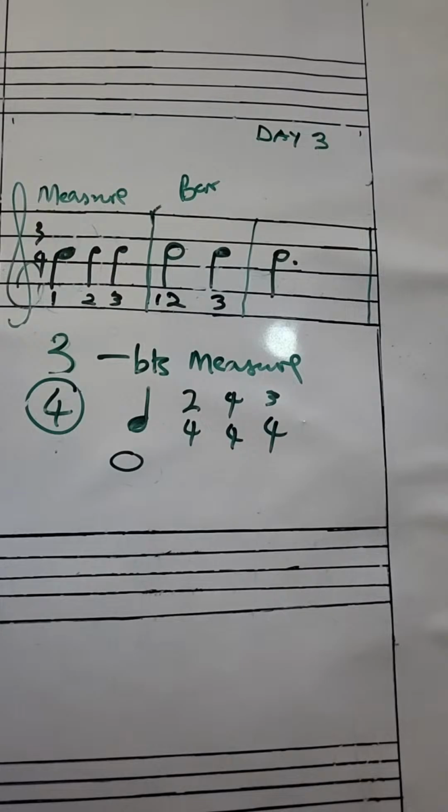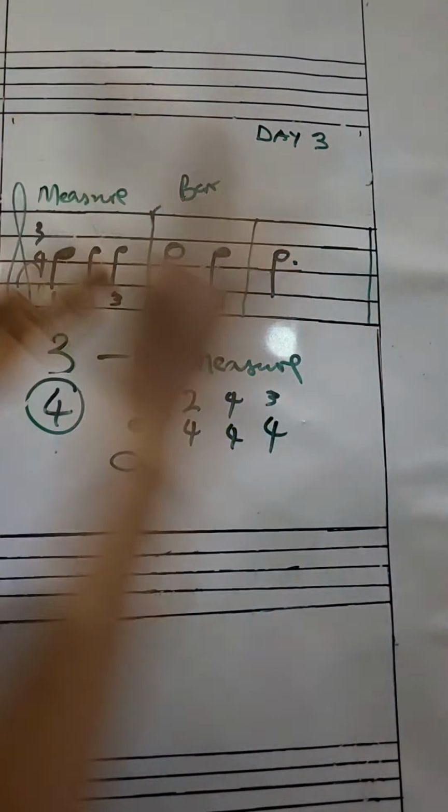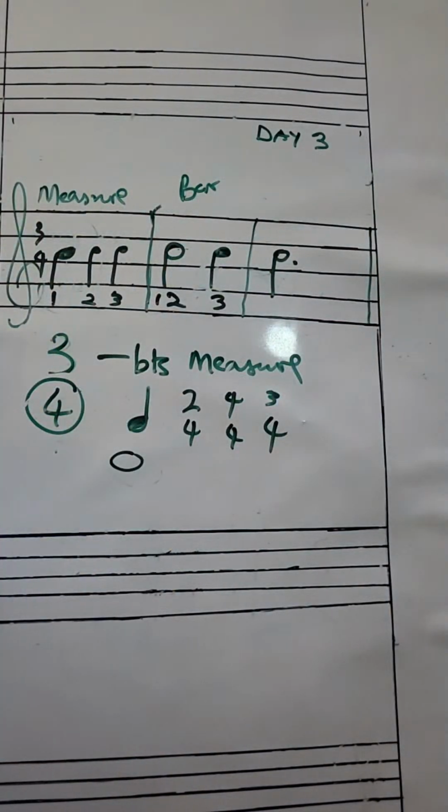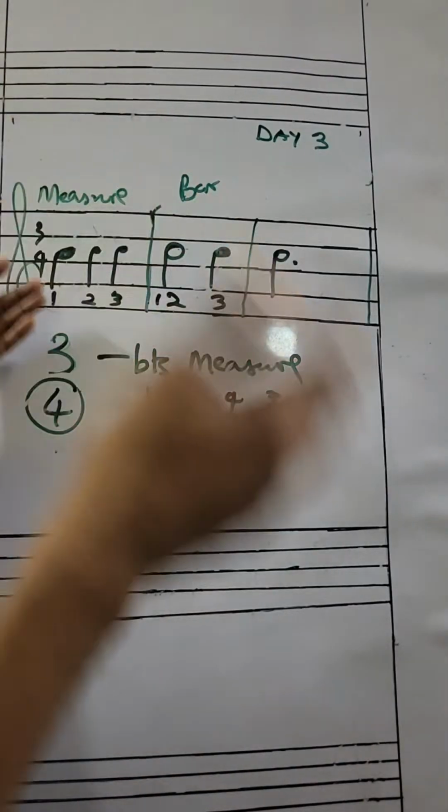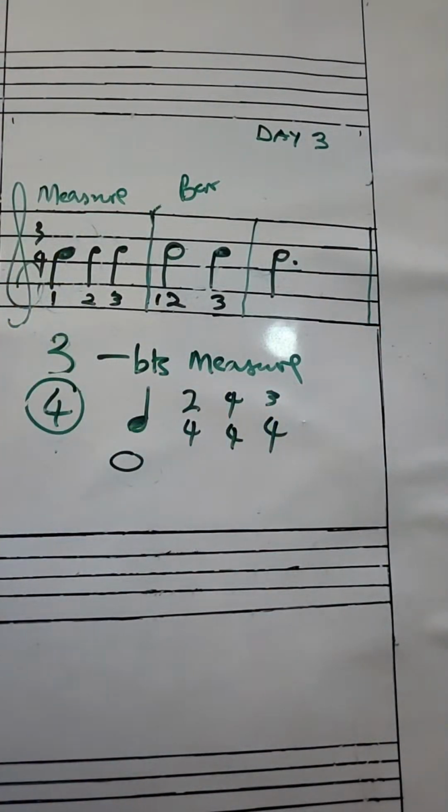Clap it wherever you are. Let's clap together what we have on the board now. 1, 2, go. 1, 2, 3. Again. 1, 2, go. 1, 2, 3.